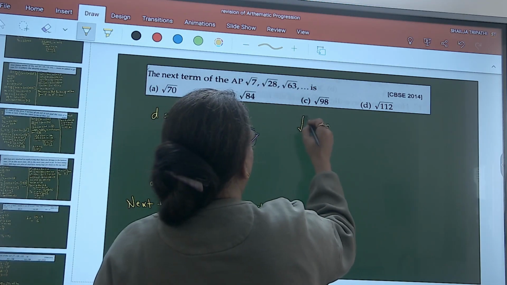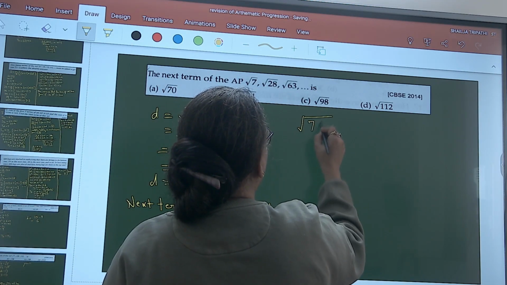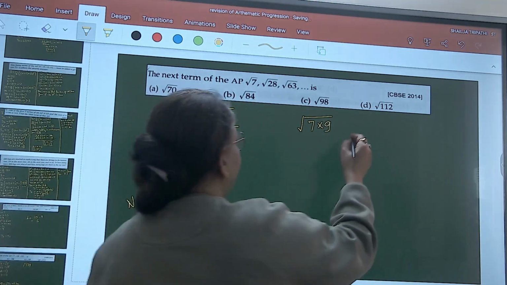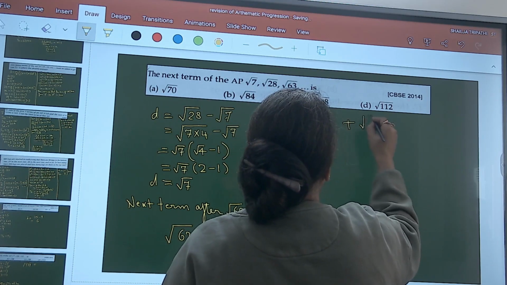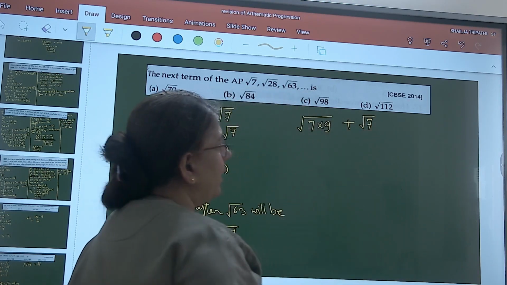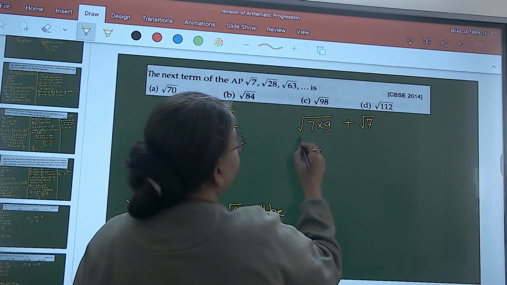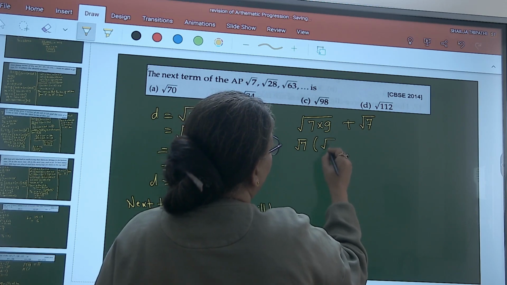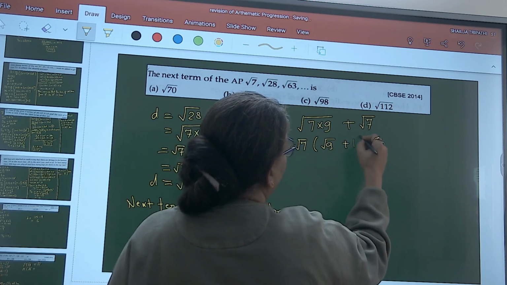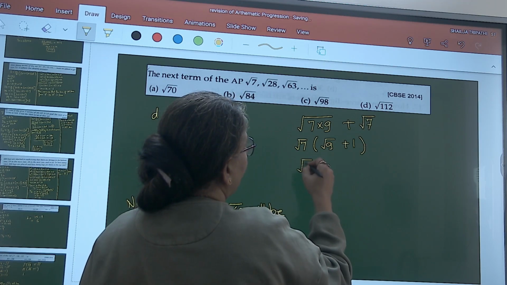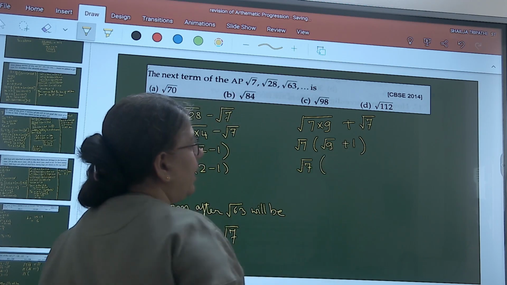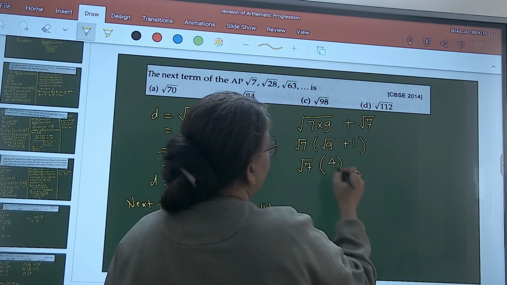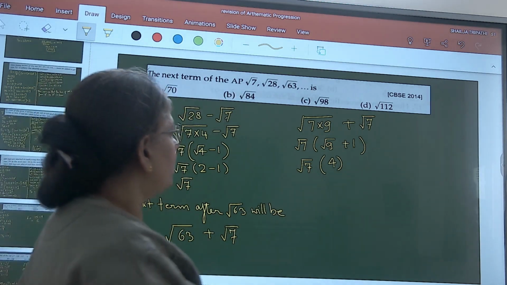Root 63 is written as root 7 into 9, that is 63, in this manner, plus root 7. Again, take out the common factor root 7 and we are left with root 9 plus 1. See, root 9 is 3 and 3 plus 1, 4. So our answer is 4 root 7.